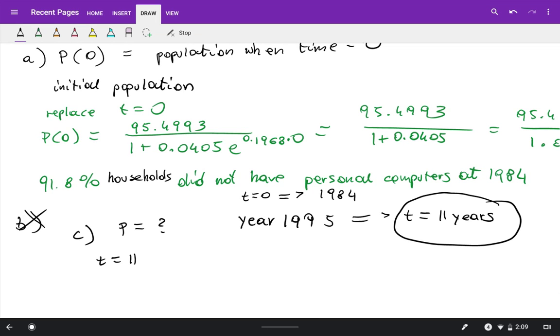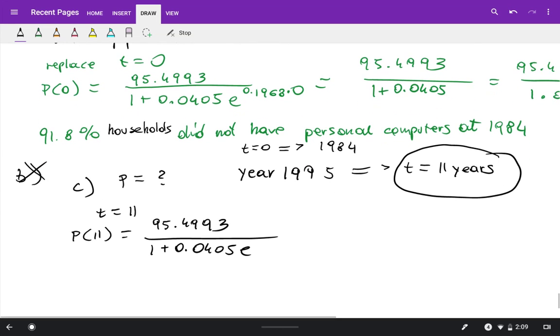Okay, so we have P of 11 equals 95.4993 over 1 plus 0.0405 e to the power of 0.1968 times 11. Slowly evaluate that on the calculator.